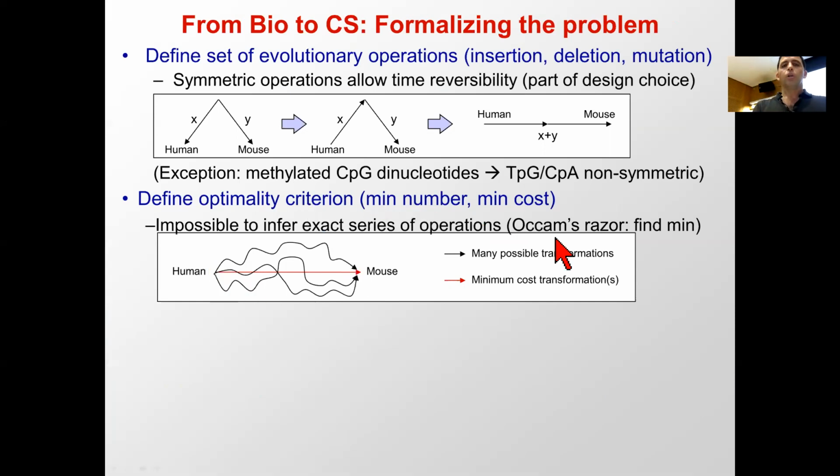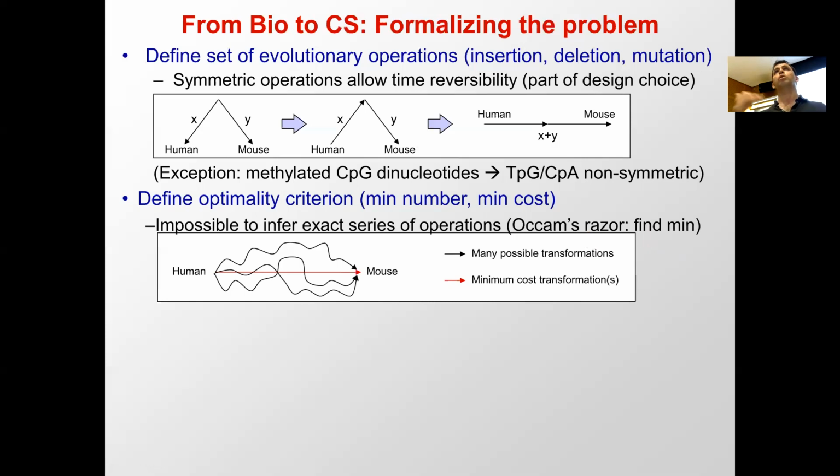So this is known as Occam's razor. Occam was this philosopher who would basically say, among solutions that are equally good at explaining the world, I'm going to choose the simpler one, the one that has fewer parameters, if you wish. In this particular case, the one that has fewer operations. Okay, so we're going to use Occam's razor and find the minimum number of operations.